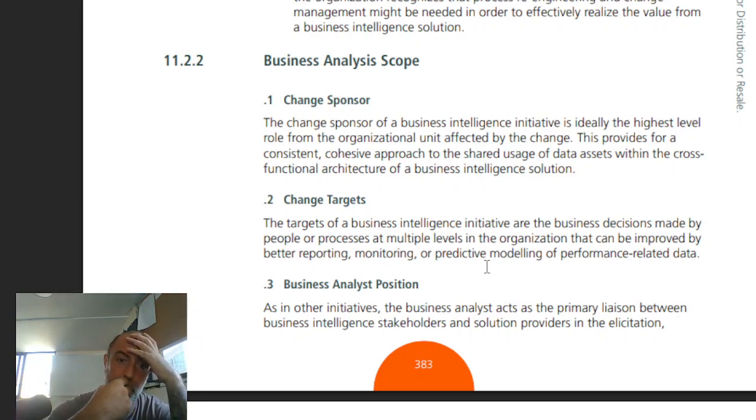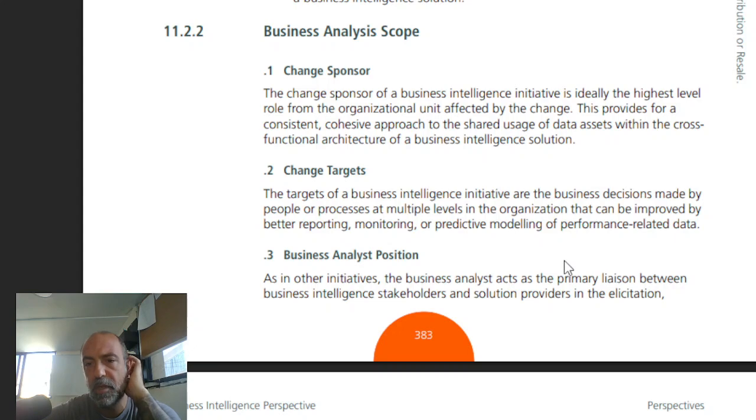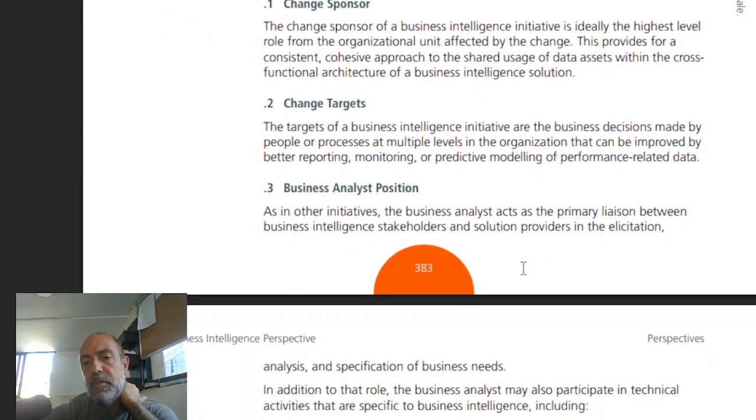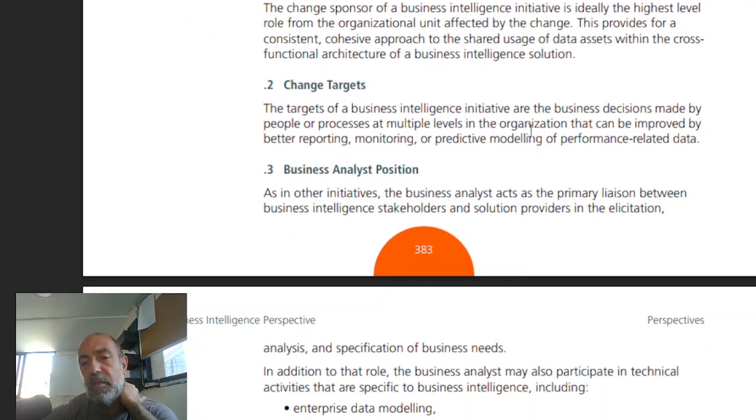And the targets of business intelligence initiatives are business decisions made by people or processes at multiple levels of the organization that can be improved by better reporting, monitoring, or predictive modeling of performance-related data.